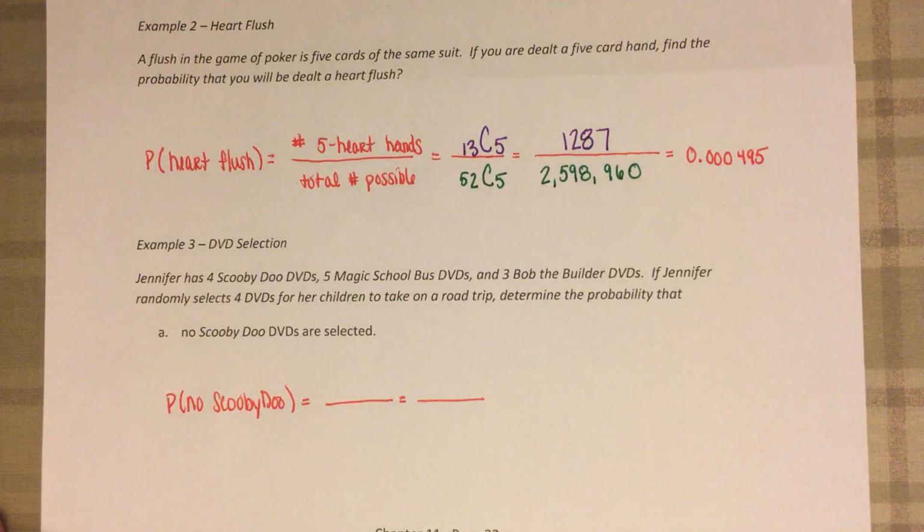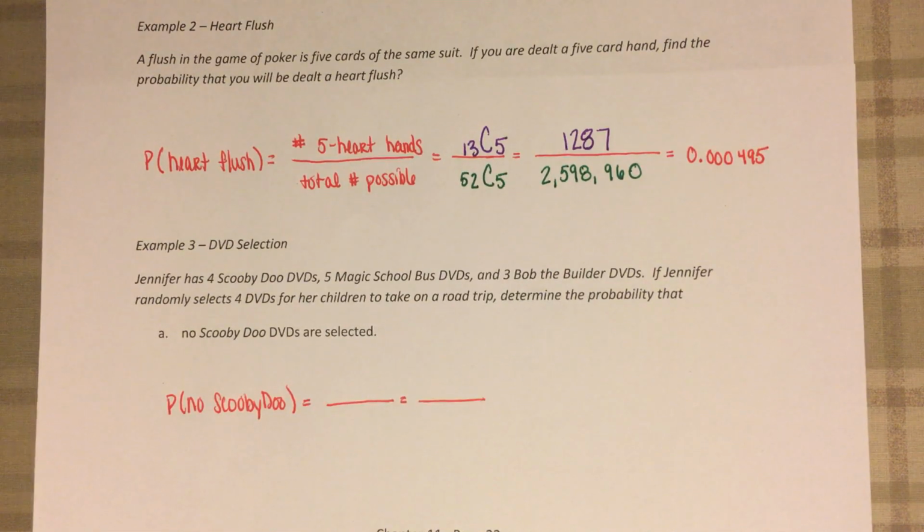Looking at the information that we're given, we have a total of 4 Scooby-Doo DVDs, 5 Magic School Bus DVDs, and 3 Bob the Builder DVDs. So if Jennifer randomly selects 4 DVDs, determine the probability that no Scooby-Doo DVDs are selected.